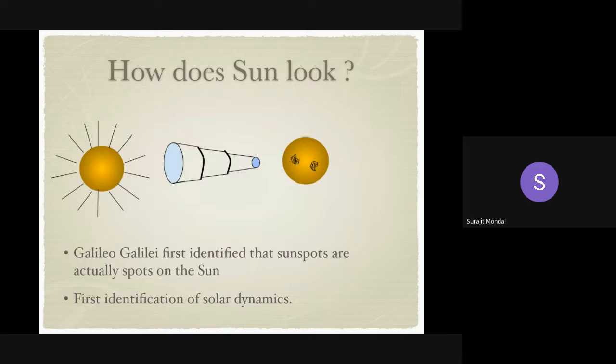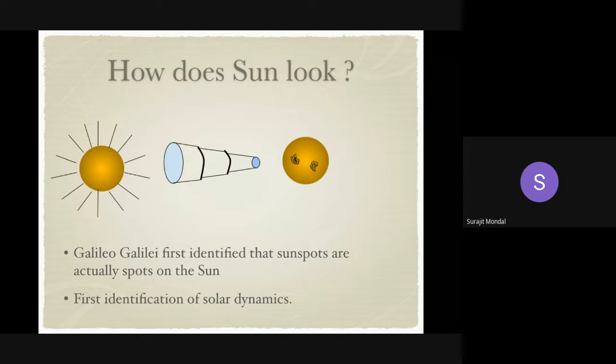He was the first to identify that sunspots are actually spots on the sun. And the fact that these sunspots were changing from day to day was evidence that the sun was dynamic. Hence, this was the first identification of solar dynamics.